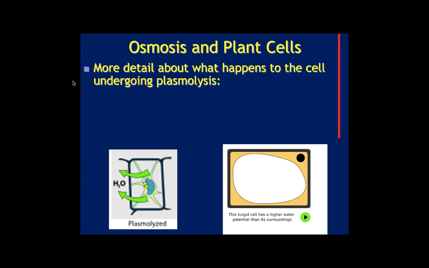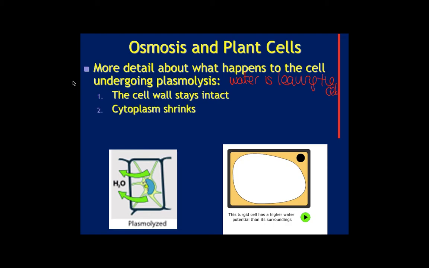And the important thing here is that this is all being brought about because water is leaving the cell. So the cell wall stays intact, your cytoplasm shrivels, and your cell membrane shrivels away from the cell wall.